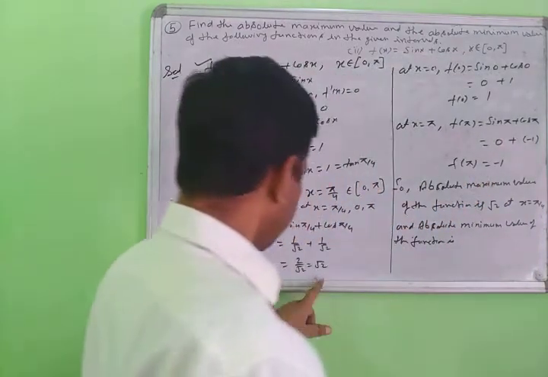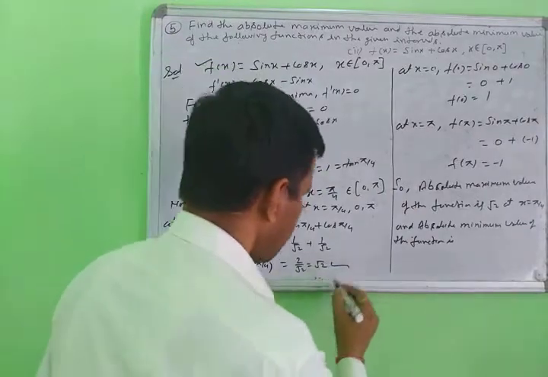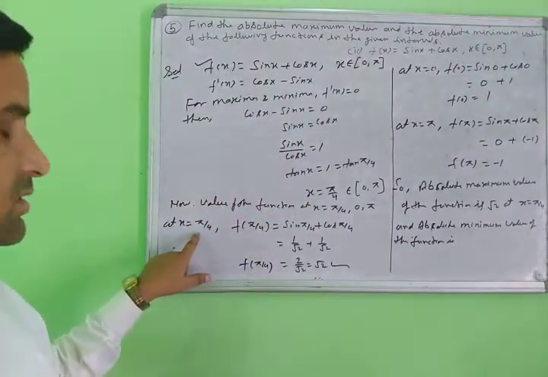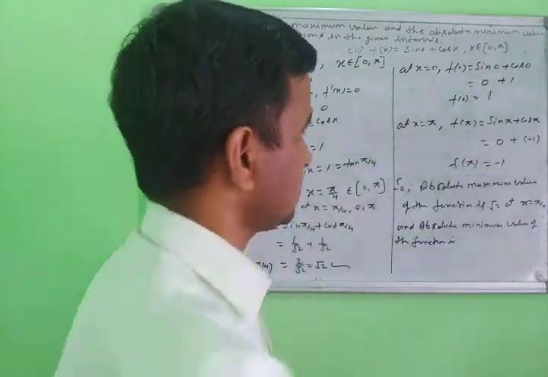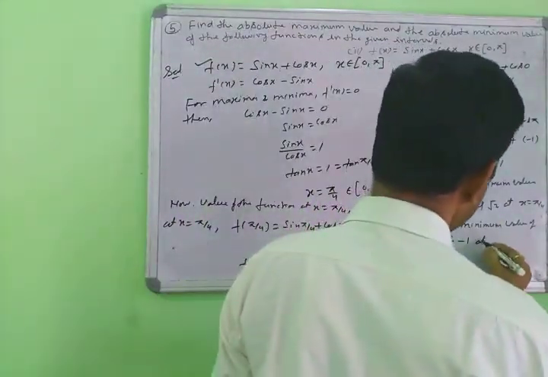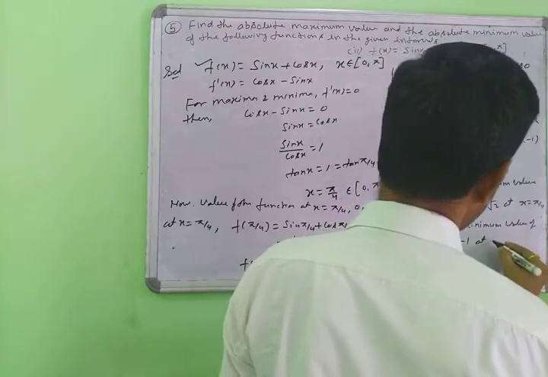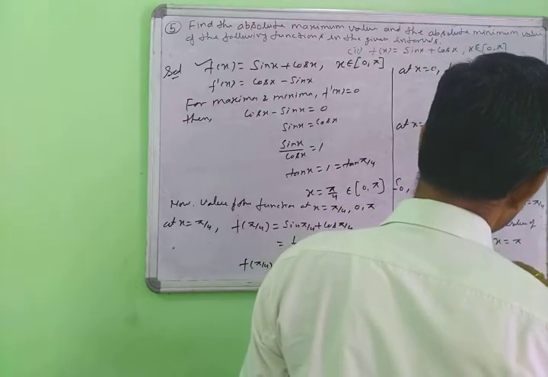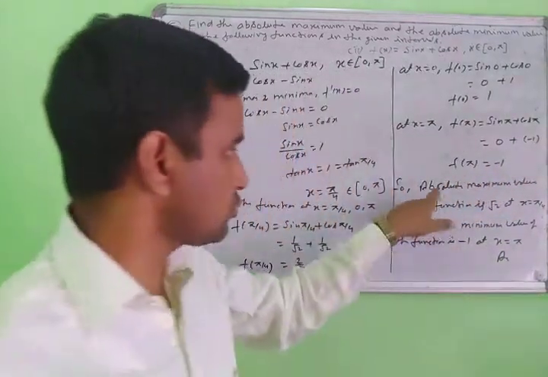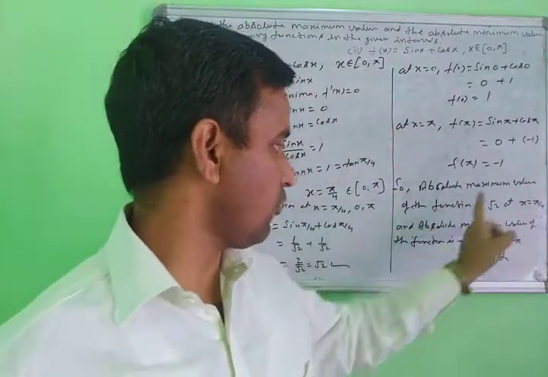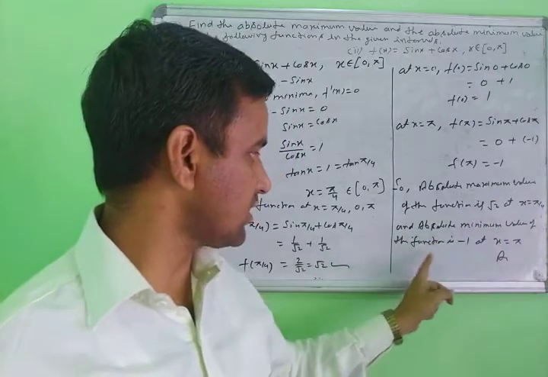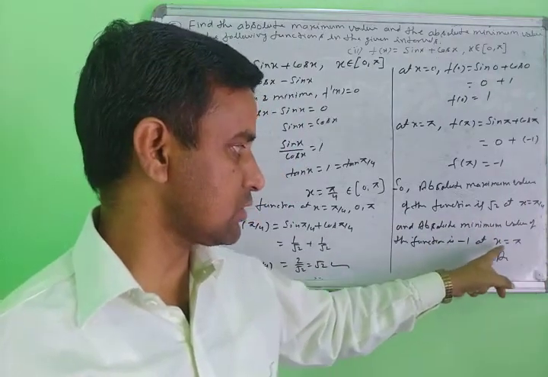This is the absolute maximum value at x equal to pi by 4. Now check 1 and minus 1. The minimum is minus 1, at x equal to pi. This is your answer. The absolute maximum value of the function is root 2 at x equal to pi by 4, and the absolute minimum value of the function is minus 1 at x equal to pi.